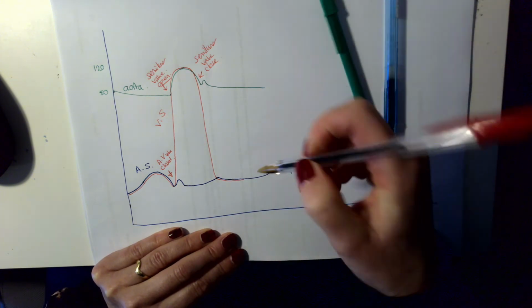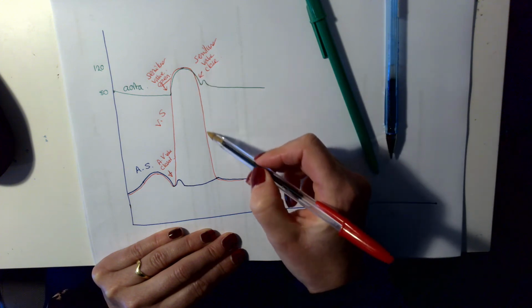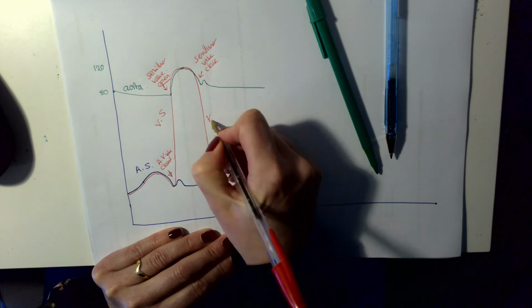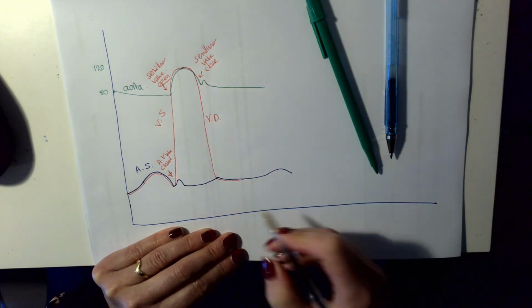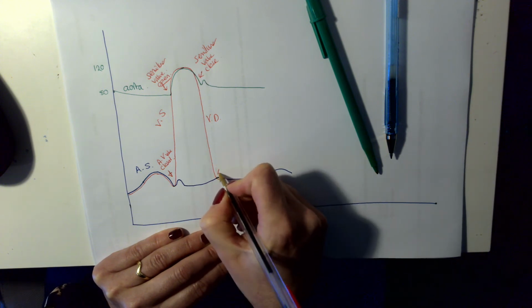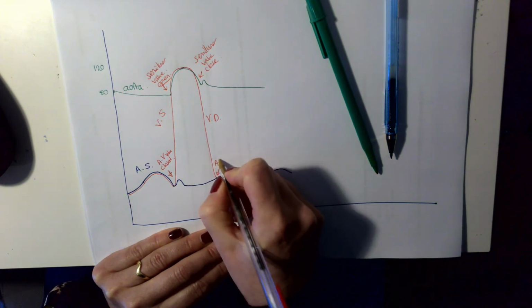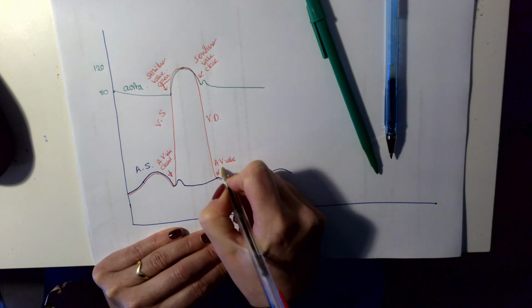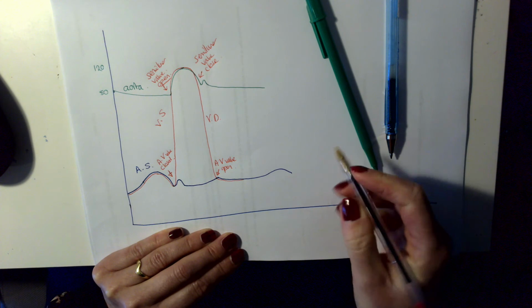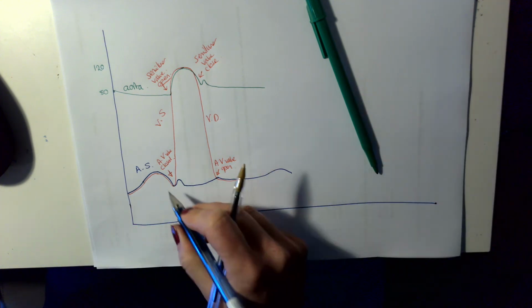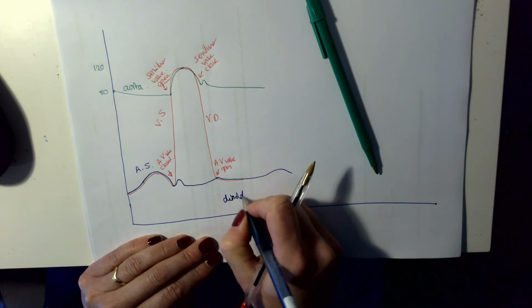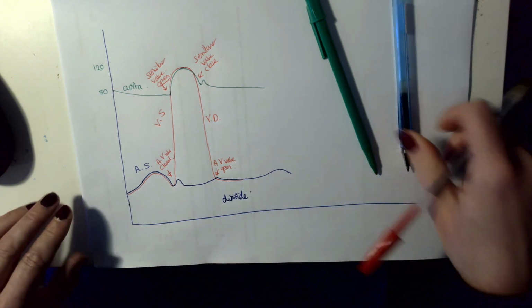So as our ventricles start to relax down here, we're going into ventricular diastole, and as the atriums start to fill up, that'll be enough pressure to open the atrioventricular valve. And then we're going to start our cycle again. So at this stage we're going to relax and we're into our diastole phase.